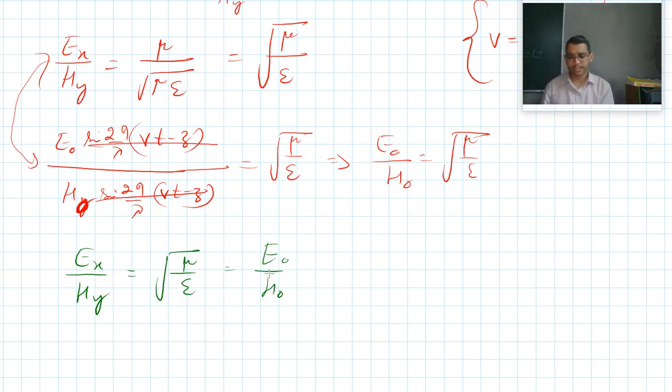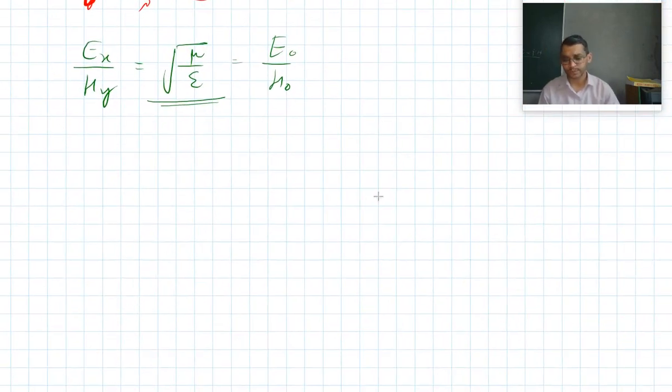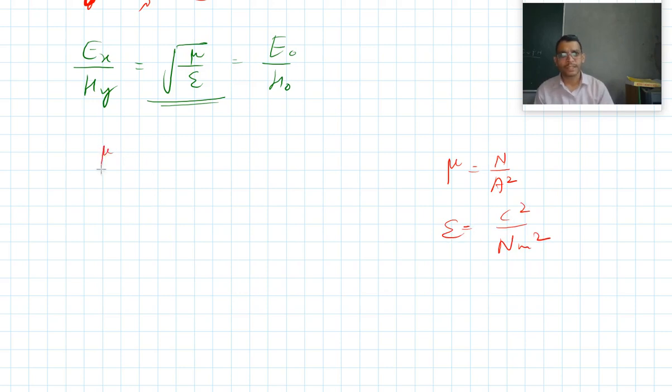Now let us try to understand what this quantity represents. As we know, mu has the unit N over ampere square, and epsilon is Coulomb square over Newton meter square.